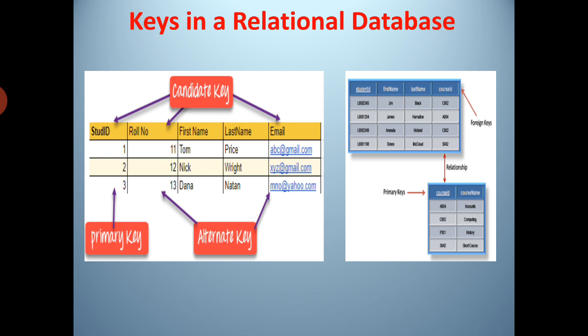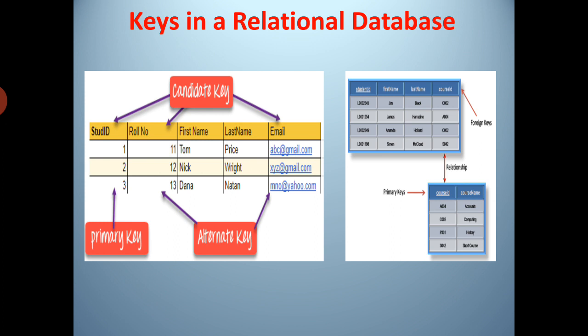Now, primary key. Out of one or more candidate keys, the attribute chosen by the database designer to uniquely identify the tuples in a relation is called the primary key of that relation. The remaining attributes in the list of candidate keys are called the alternate keys.